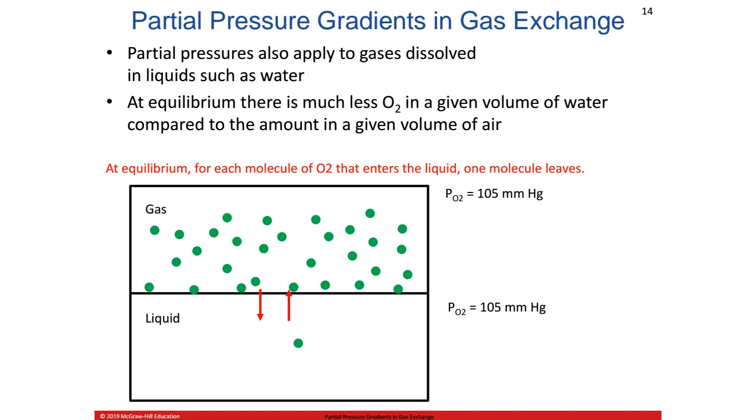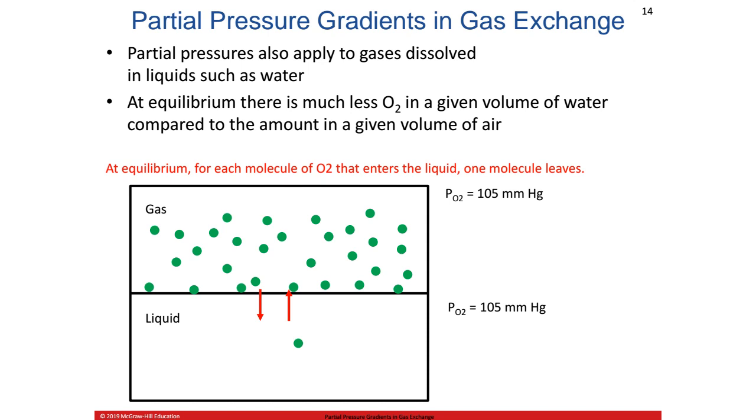So you have a gas, let's say it's oxygen. These green molecules represent oxygen. Let's say the partial pressure of oxygen is 105 millimeters of mercury. I've just made that the same as the alveolar airspace partial pressure of oxygen. And let's say this is the liquid that's lining the epithelial cells within each alveolus.